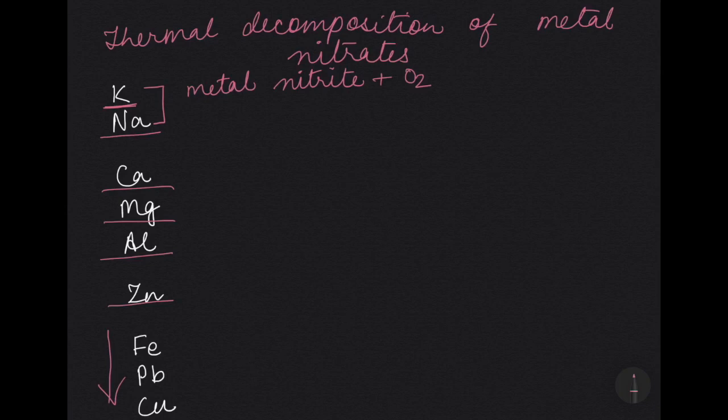Okay, that means if we heat potassium nitrate, what will you get? The metal nitrite, potassium nitrite, KNO2, 1 less oxygen, plus oxygen will be given out. When we balance, we put 2 here, we put 2 here. Similarly, if we take sodium nitrate, we heat it, we get sodium nitrite and oxygen.